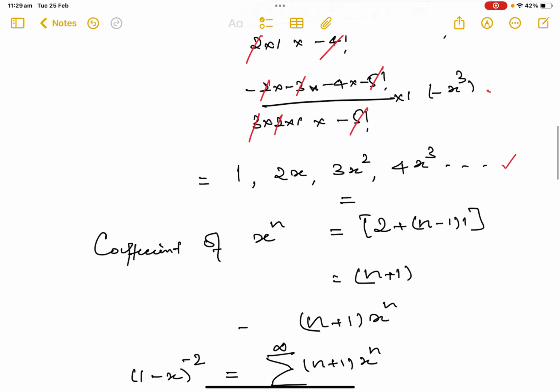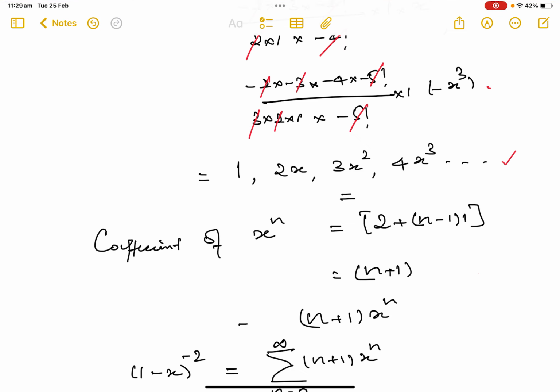And then it simply asks to find the term in x to the power n. If you ignore that 1, it starts from 2, 3, 4, 5, and the power is 1 less than the coefficient. So if we use the arithmetic series formula, 2 is the first term, plus n minus 1.